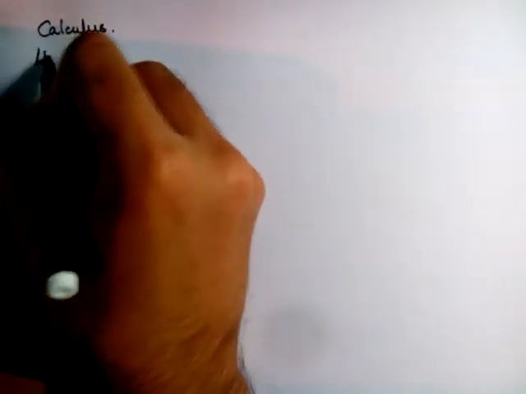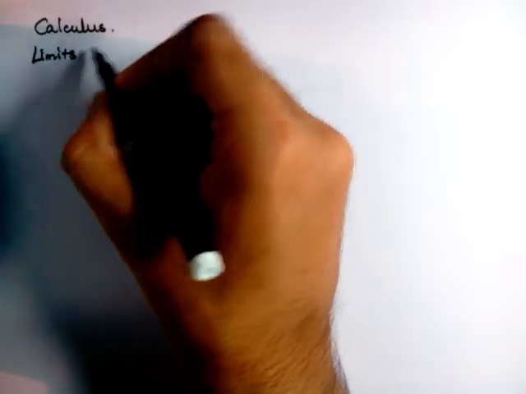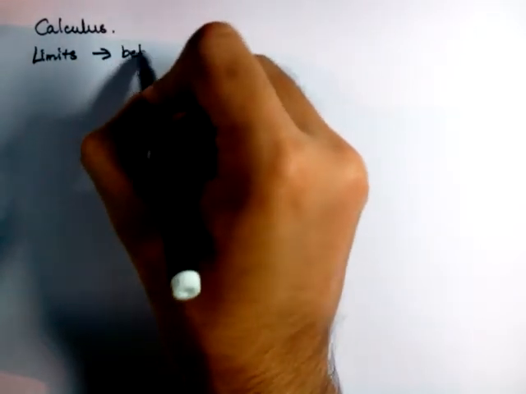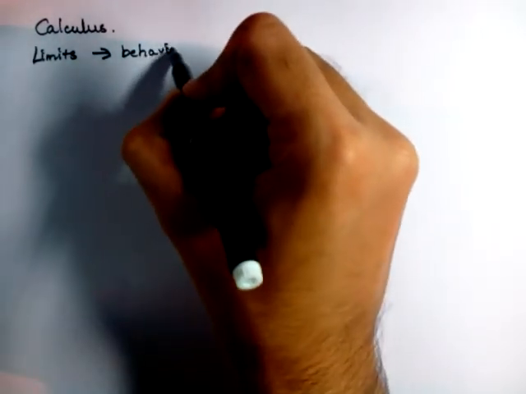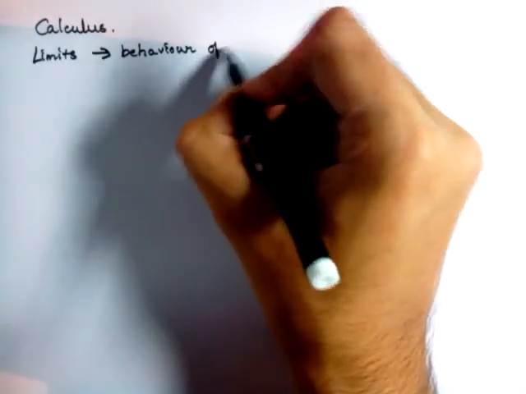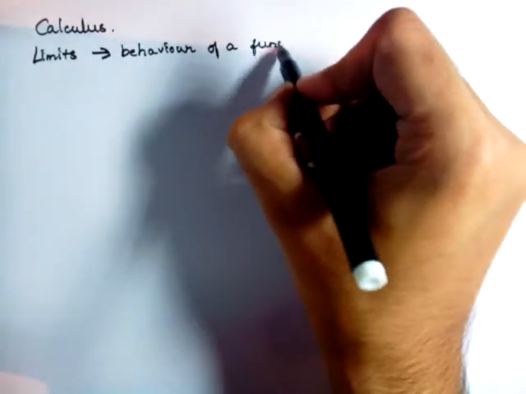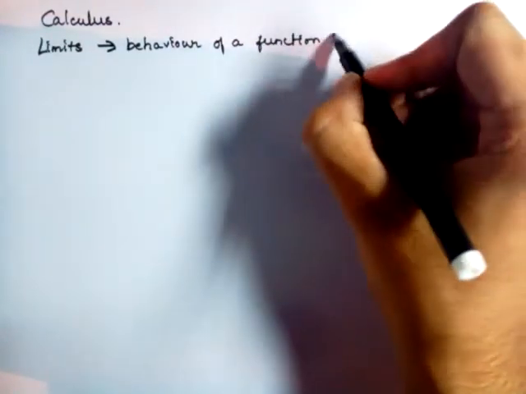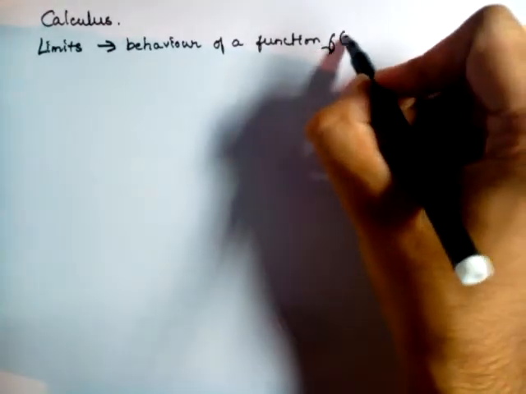So in calculus, it's important to understand what limits are. By limits, we are able to find out the behavior of a function. Let's say a function f of x.